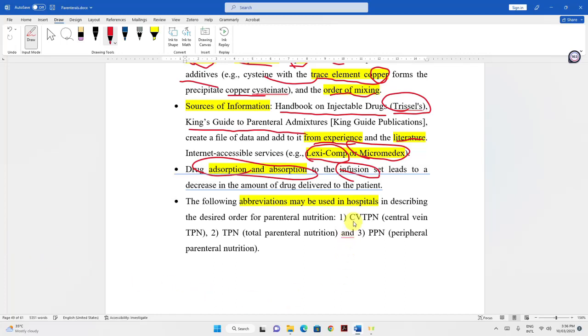Some of the abbreviations that you need to be familiar with are CVTPN, which is Central Vein Total Parenteral Nutrition, TPN, which is Total Parenteral Nutrition, and PPN, which is Peripheral Parenteral Nutrition.